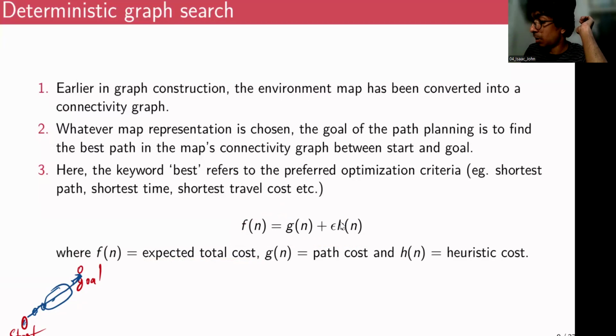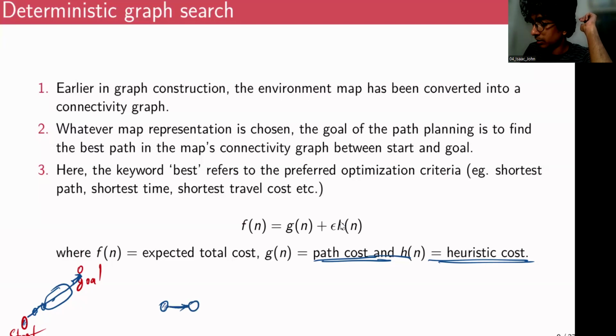This is expressed as a sum of g of n, which we call the path cost, and another variable called h of n, which we call the heuristic cost, right? Maybe you can consider the path cost to be the energy that you have to spend so that the robot can move from one position to another position, right?